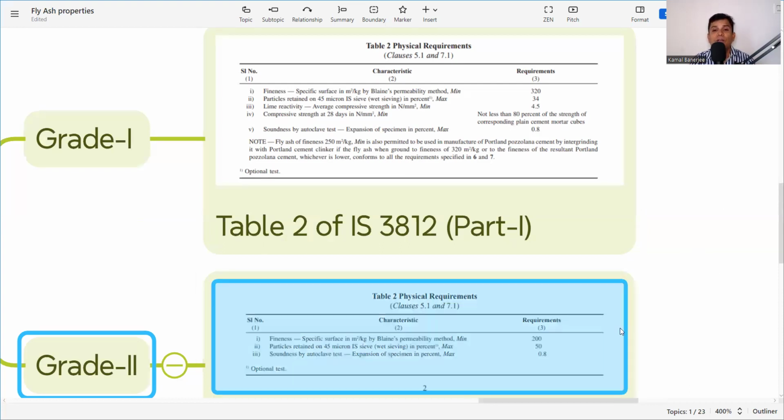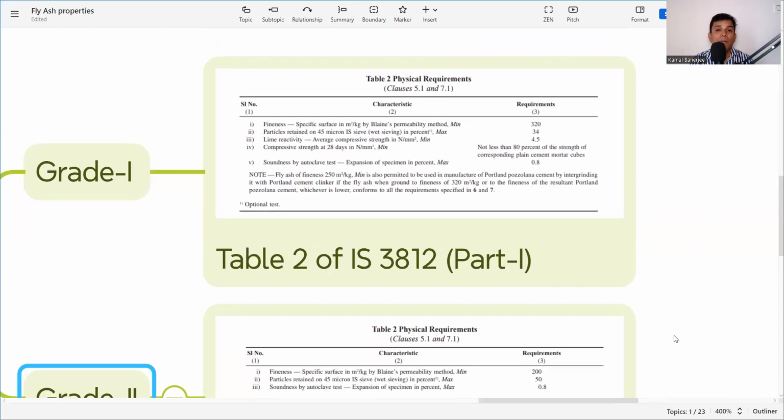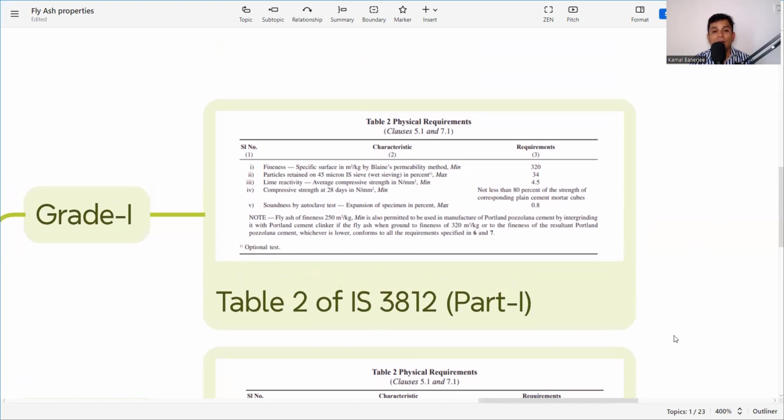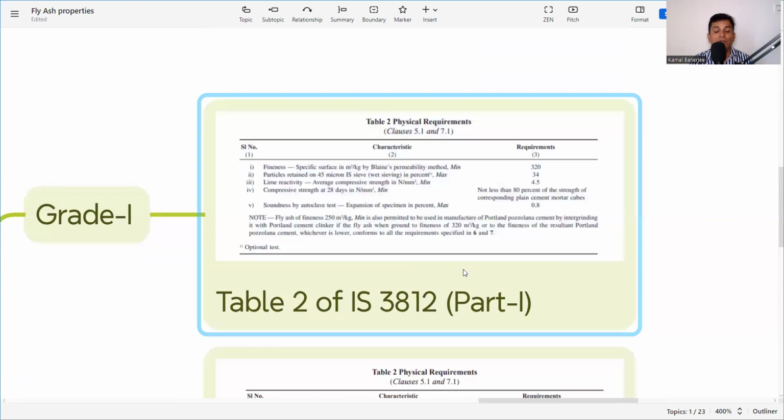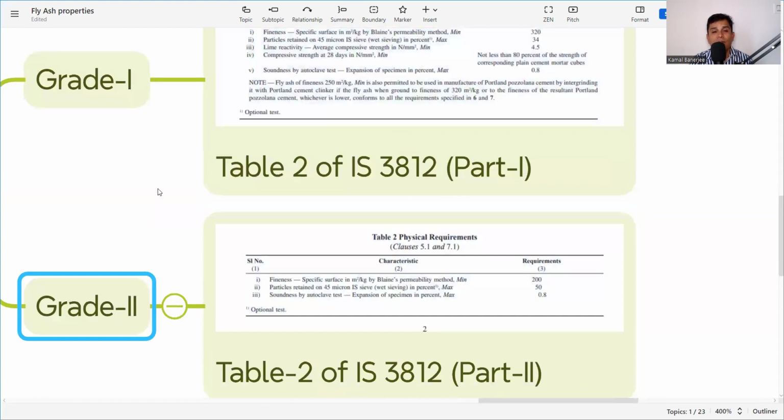Soundness is 0.8 here and also 0.8 there. So we differentiate grade 1 and grade 2 by the difference in compressive strength and fineness. These are the physical properties we need to follow as per table 2 of IS 3812 for grade 1 and grade 2.